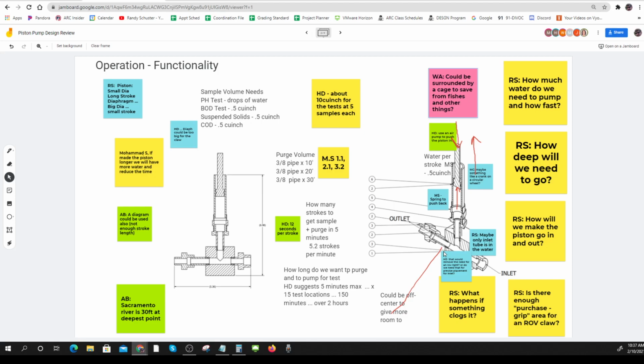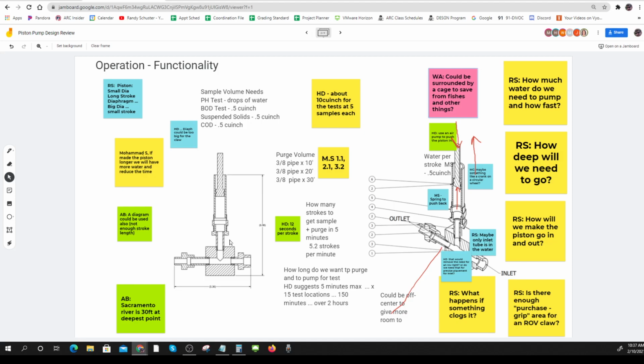So now you're seeing that there's lots of ways to do this. What happens if something clogs it? The longer it's underwater, the more chance there is to clog it. And yes, I would say you're going to need some sort of a cage or a screen. And as soon as the cage or screen is clogged, what do you do?